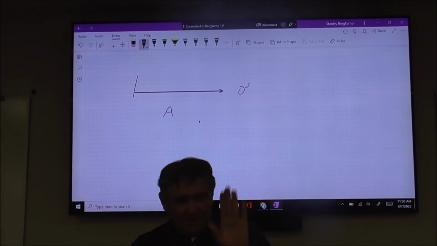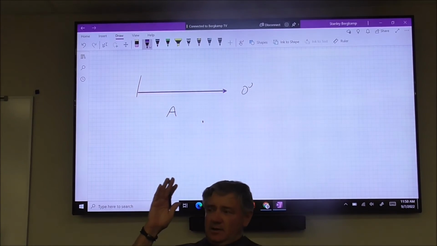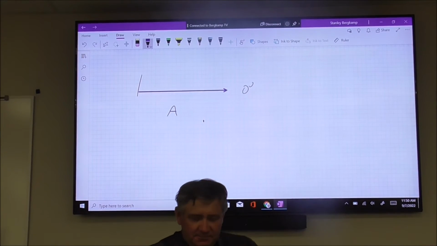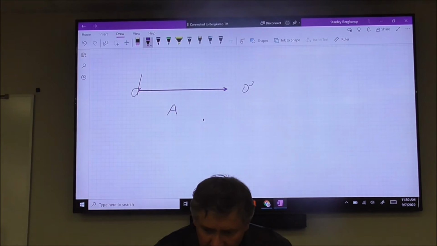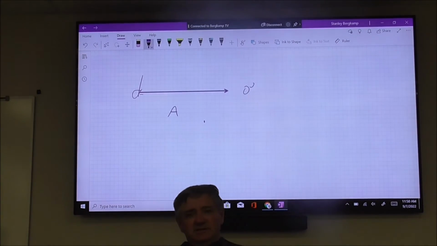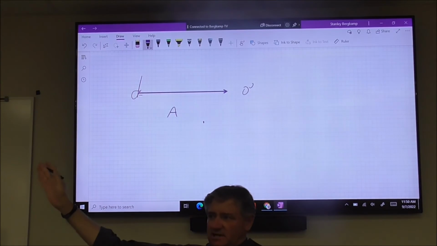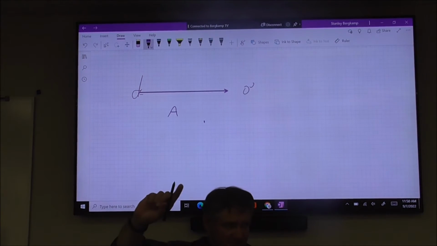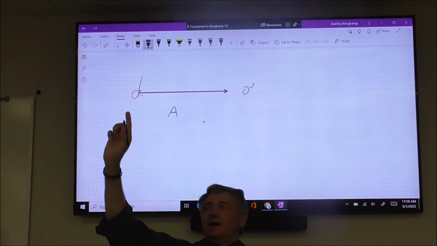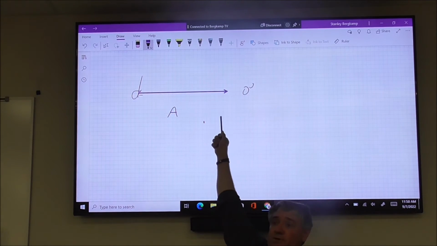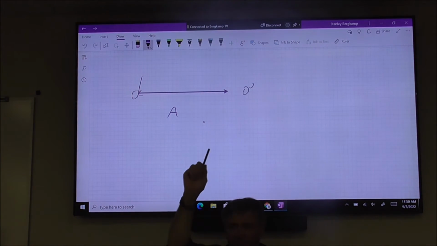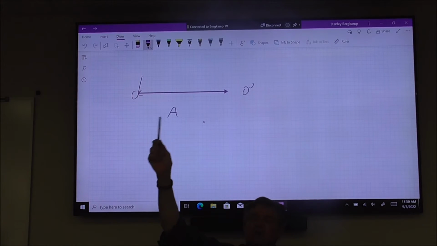Okay? So, one option to get from the origin out to this point is to say you walk 5 centimeters at 0 degrees. That's one way to describe how you get to that point. You say 5 centimeters at 0 degrees.